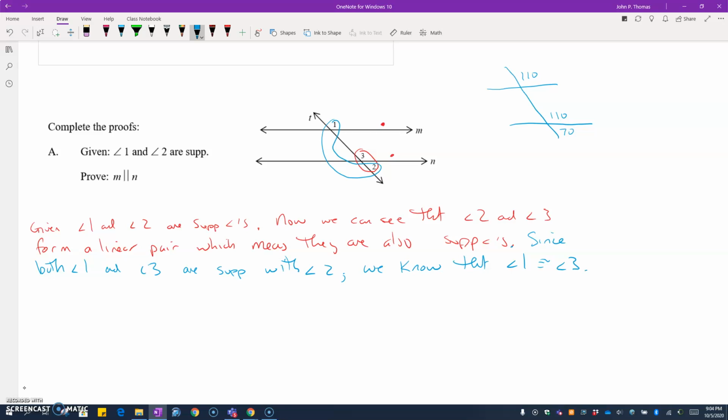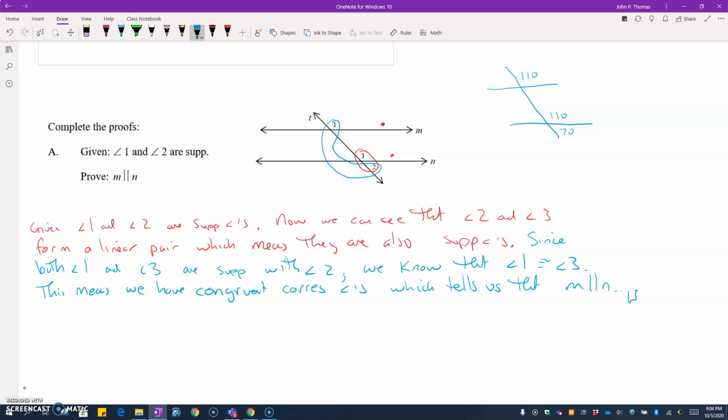All right. This means we have congruent corresponding angles, which tells us that M is parallel to N.